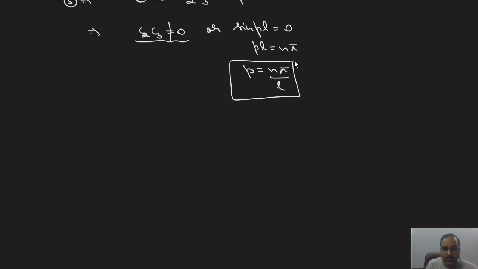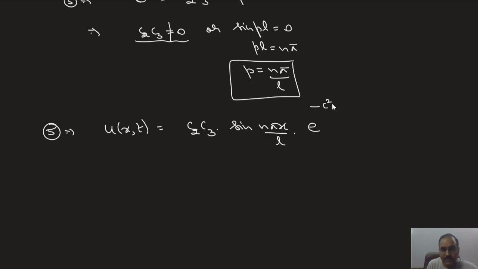Now we will substitute this value of P in equation number 5. So equation 5 reduces to U of x,t is equal to C2 C3 into sine of Px, that is sine of n pi x by L, into e raised to power minus c square p square, that is n square pi square over L square, into t, and that is our equation number 6.